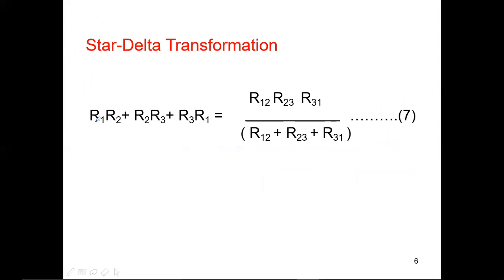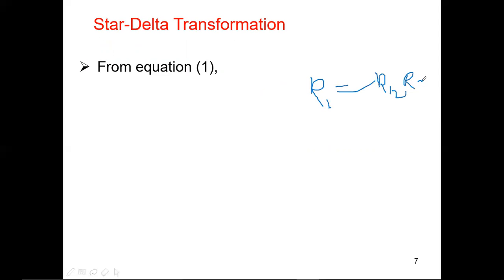From here, if you observe, R12, R23, R31, these three types of products come under the category of delta, right? Equation 1 is nothing but R1 is equal to R12 R31 by R12 plus R23 plus R31. This is equation 1.